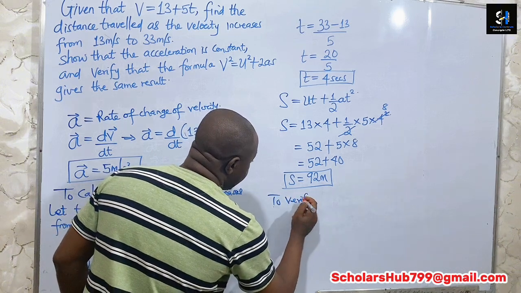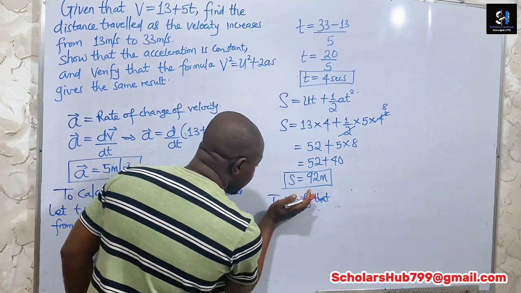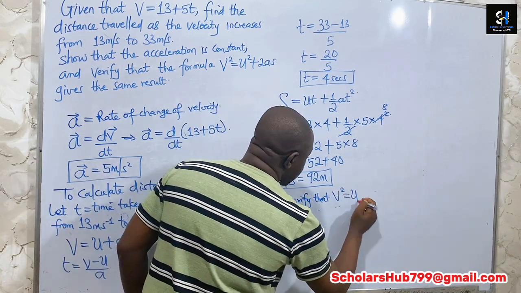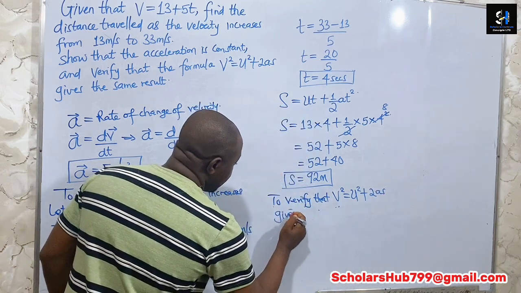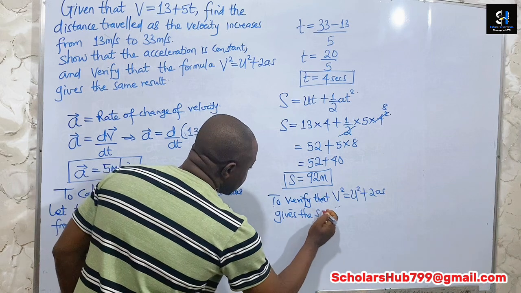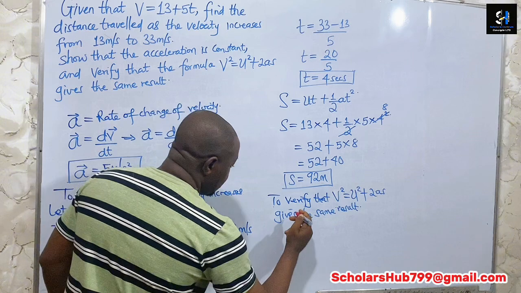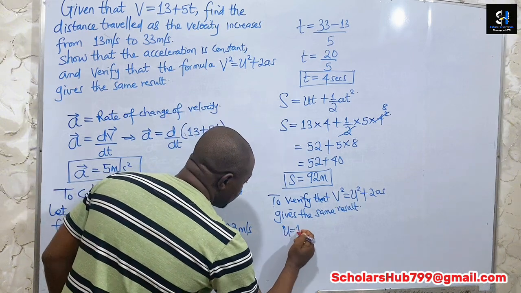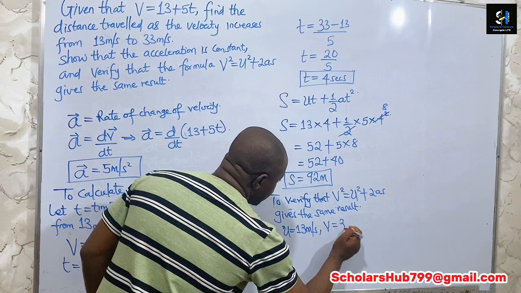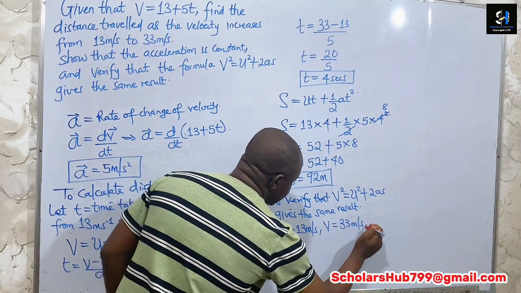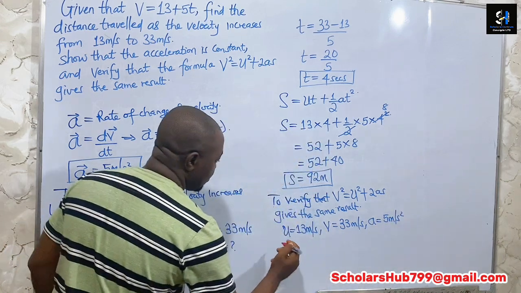We know that u equals 13 meters per second, v equals 33 meters per second, and the acceleration is 5 meters per second squared.